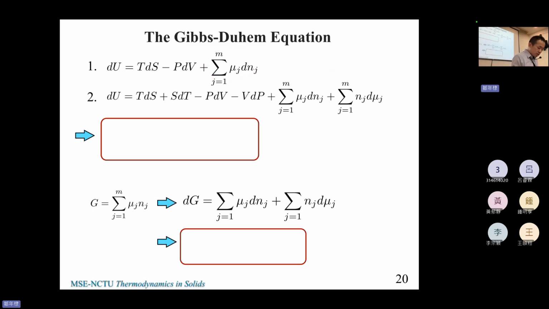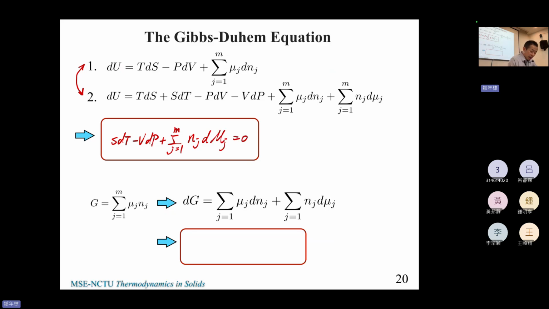So we just need to compare a little bit. We compare and then we know that S dT minus V dP plus sigma j equal to 1 to m, nj d mu j equals 0.